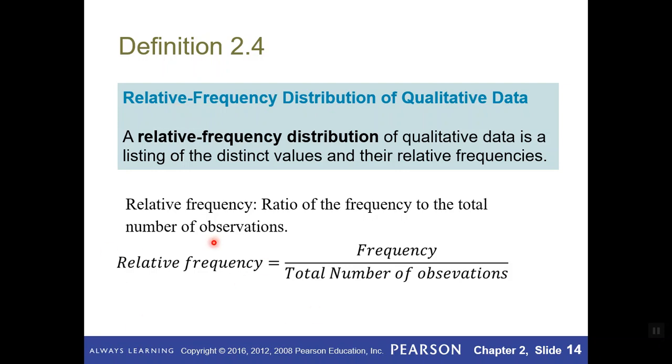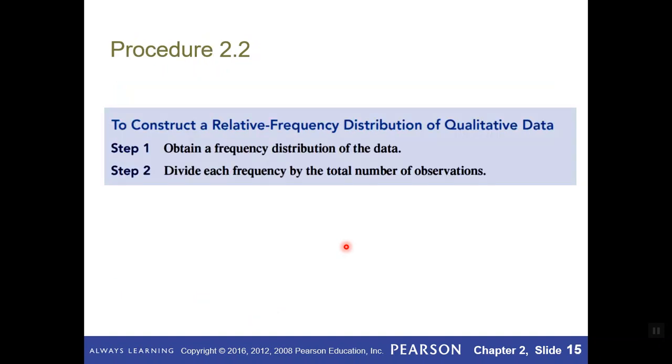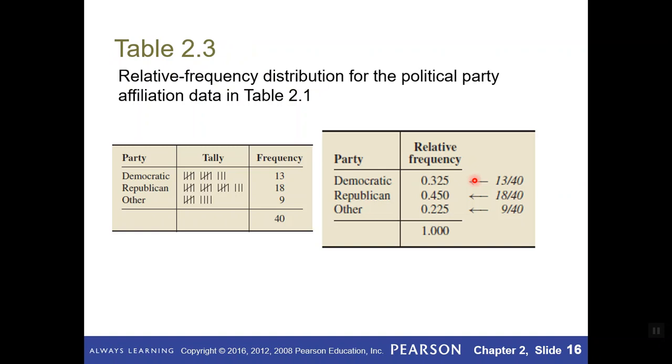How do we generate these relative frequencies? We divide each frequency by the total number of observations. That's it. First, obtain your frequency distribution like what we have discussed so far. Then divide each frequency by the total number of observations.